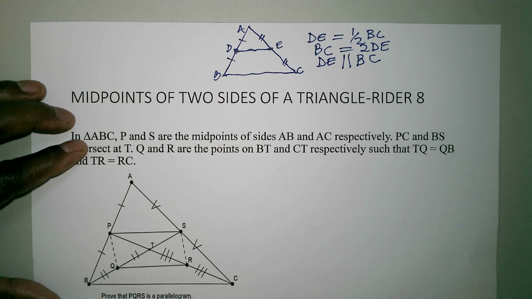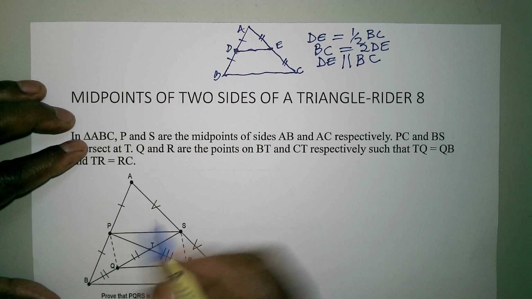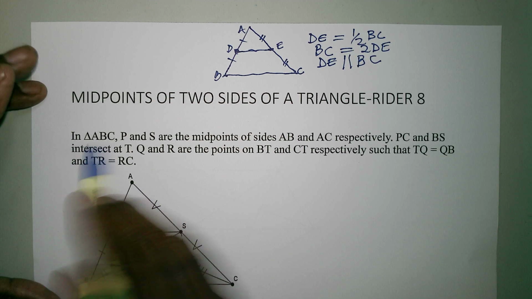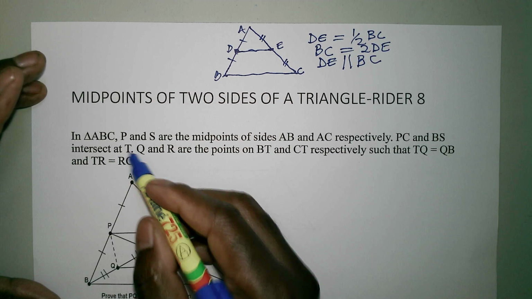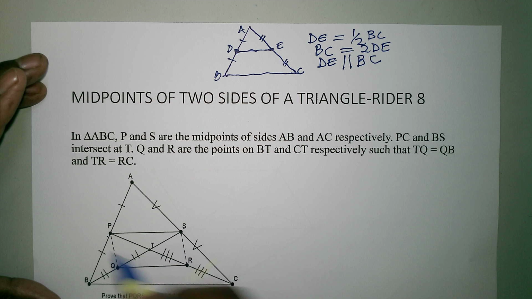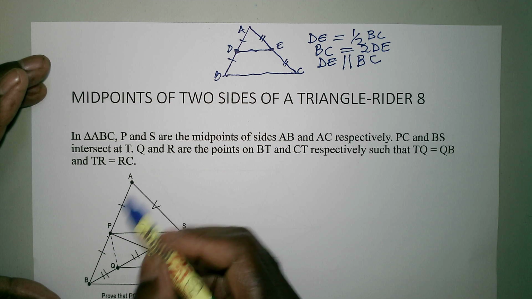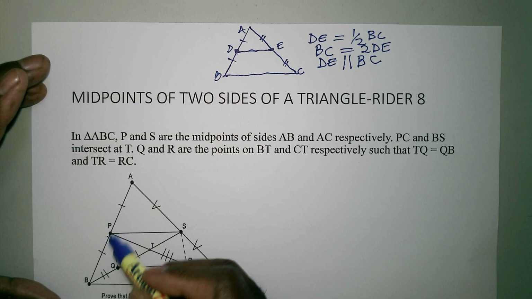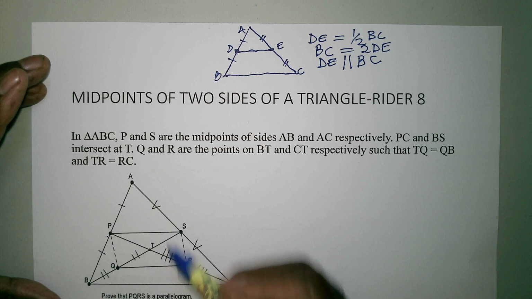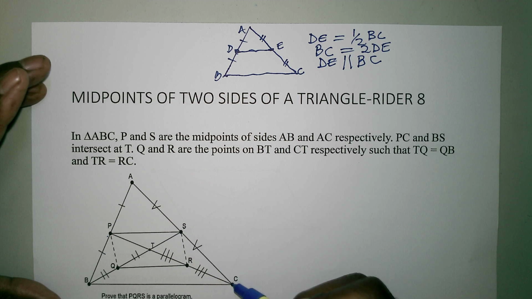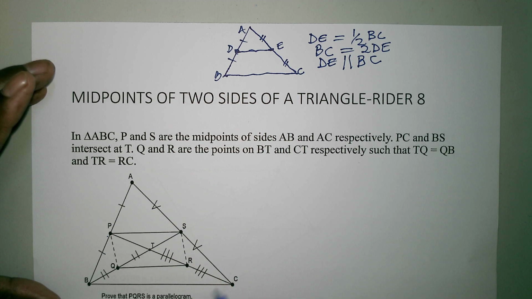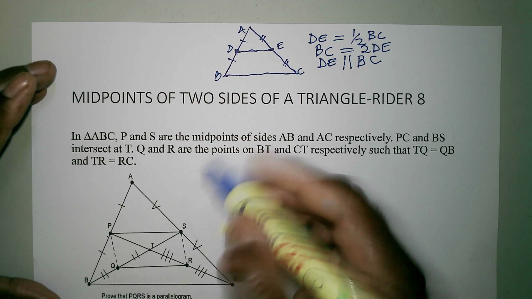So we want to do a diagram analysis on this problem. We've got triangle ABC, P and S are midpoints of AB and AC, meaning AP and PB are equal, AS and SC are equal. That is what we're able to establish.